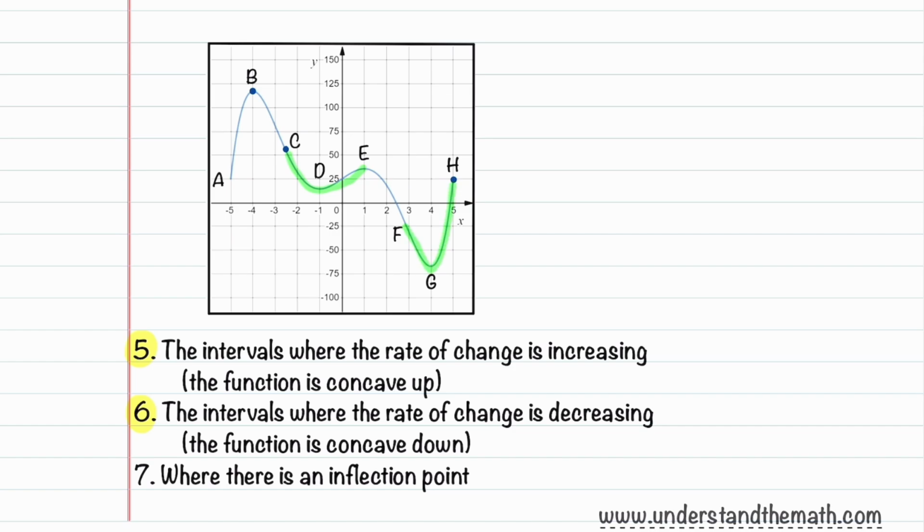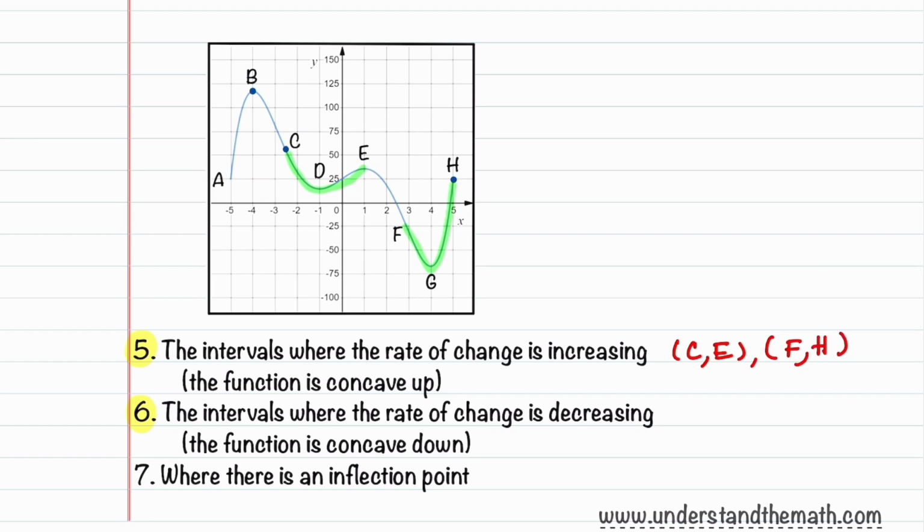That's where the curve is concave up like a smile. Let's go ahead and write down those regions. The rate of change is going to be increasing in the interval from C to E, and then in the interval from F to H.